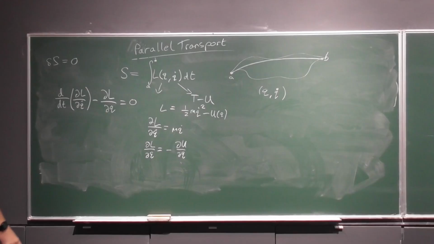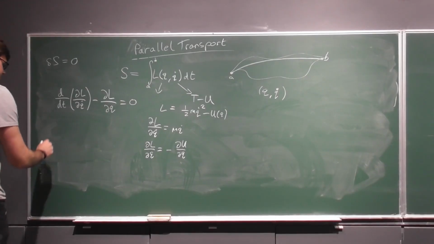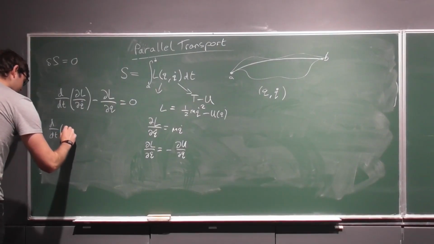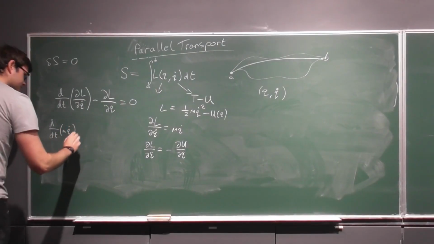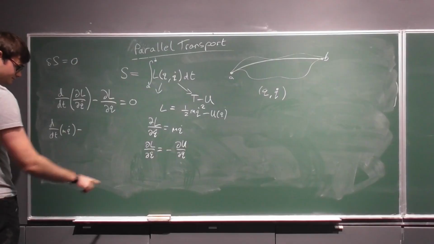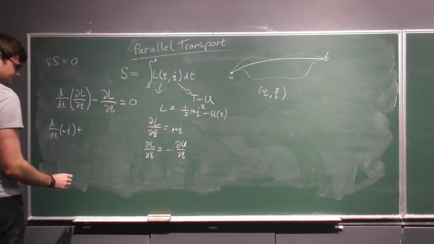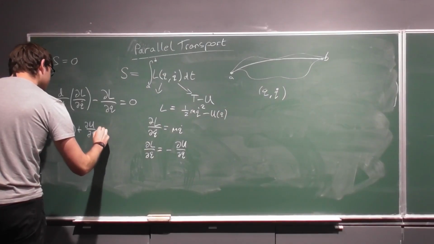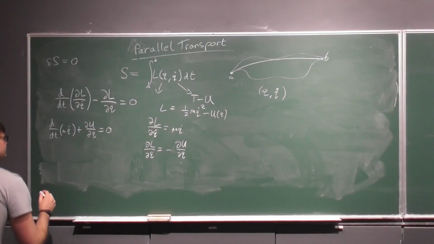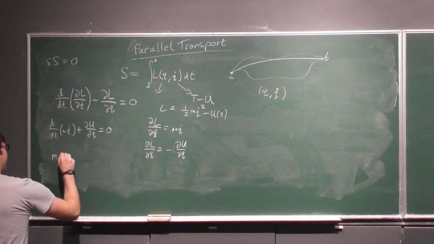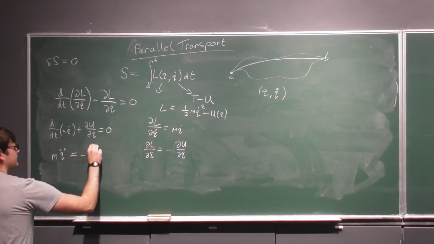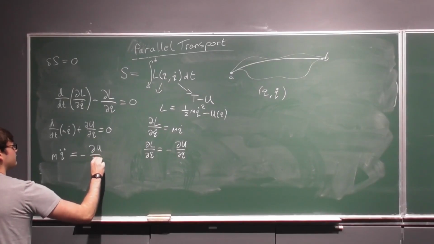So what that means for us is that the time derivative of m q̇ minus, and a minus there, so plus dU/dq is equal to 0. If I move that to the other side, we see that m q double dot is equal to minus dU/dq.